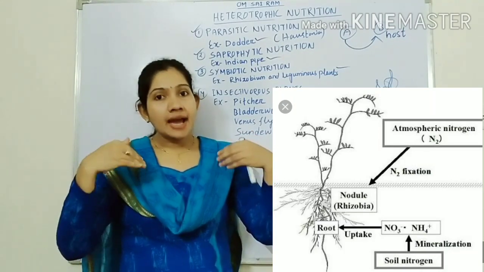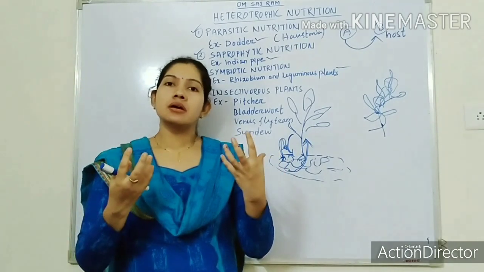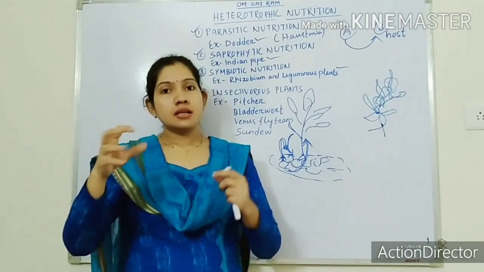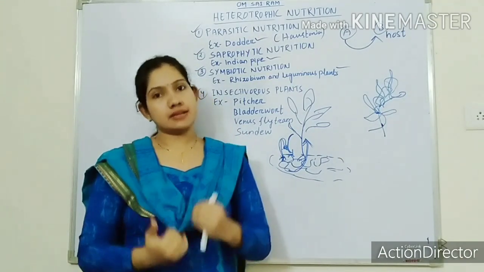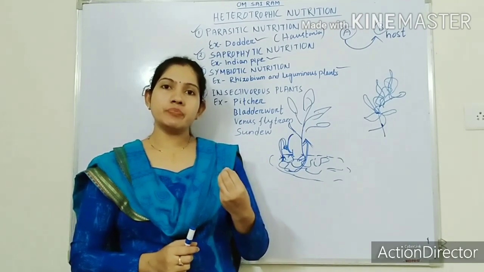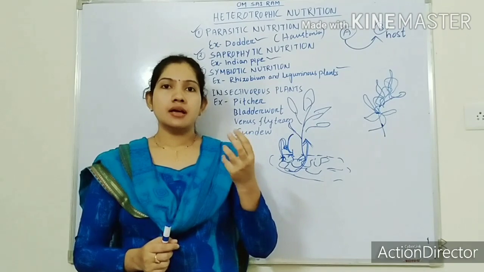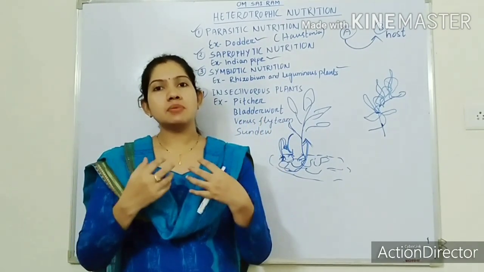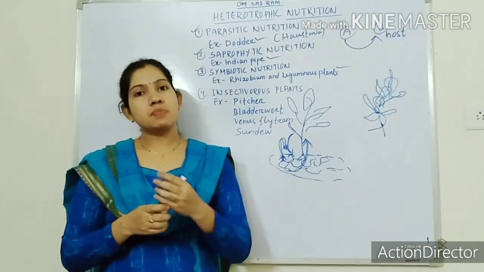That nitrogen can be taken by the plants, and plants can store that nitrogen as a food product, and we animals take that food and get nitrogen. That's why it is very important to take plant products. Instead of taking animal products, if we take more plant products, then we will get more nutrients, more nitrogenous supplements to our body.